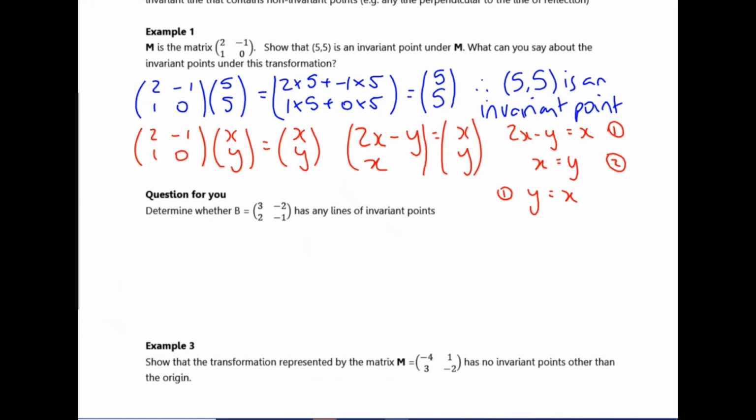This means that any point on the line y equals x is an invariant point. All points y equals x are invariant. Okay, so any coordinate where the x and y are the same is an invariant point on those.